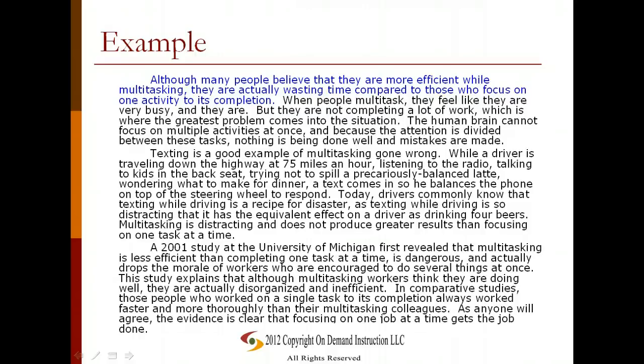In comparative studies, those people who worked on a single task to its completion always worked faster and more thoroughly than their multitasking colleagues. As anyone will agree, the evidence is clear that focusing on one job at a time gets the job done. So there's an example for you to look at, give you some ideas on what you can take a look at in terms of your own short answers.